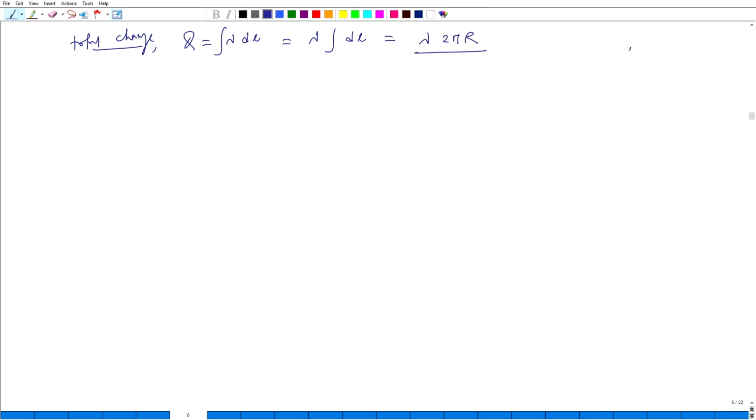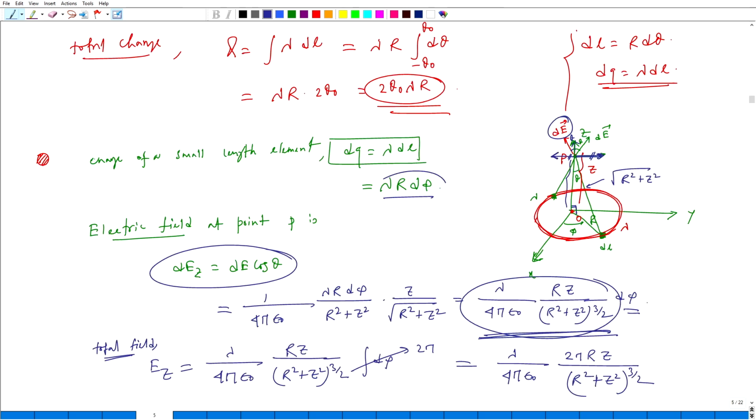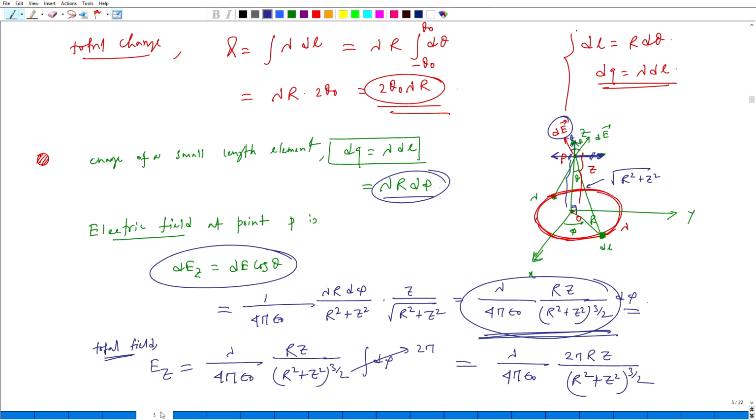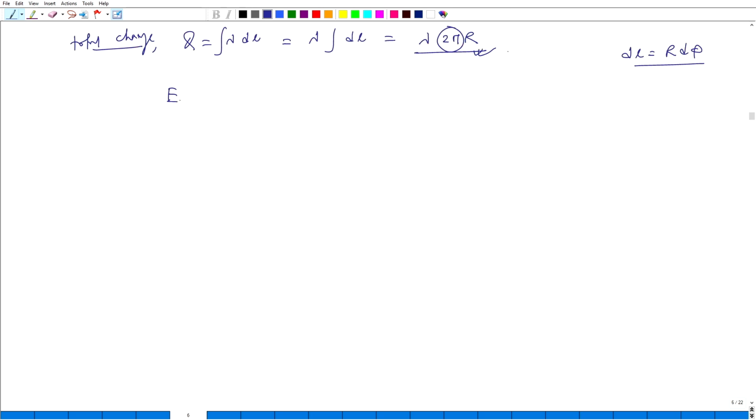Now we plug into this, so that we write down Ez in terms of q, the total charge. So Ez at a distance z from the center is 1 over 4 pi epsilon naught times q z by r square plus z square the whole to the power 3 by 2, where q is the total charge of the ring.